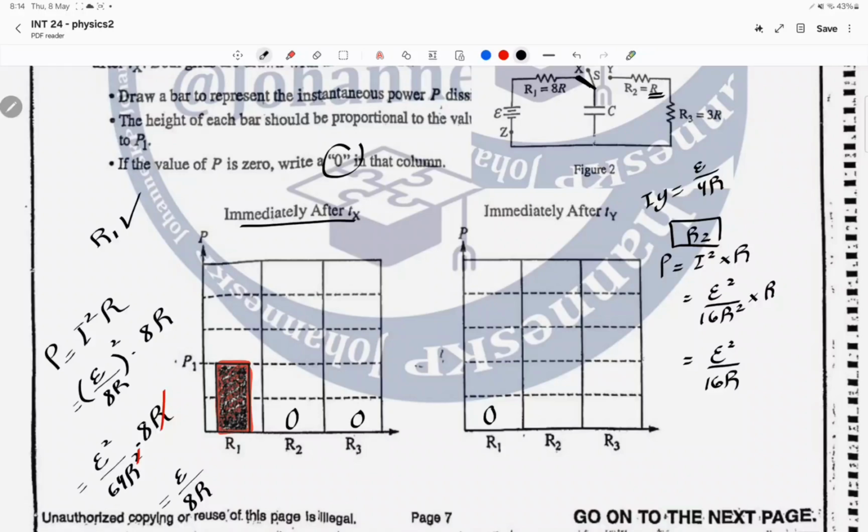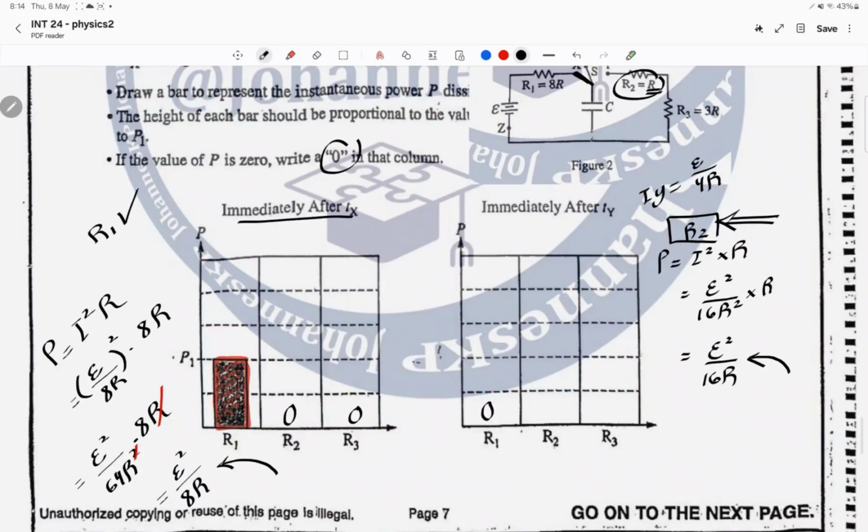So which one is bigger, EMF squared over 8R or EMF squared over 16R? No, I'm doing R2. R2 is just R. So which one is more? 8R, exactly. So if this is 2 bar units, this one is going to be 1 bar unit, right? Like this.